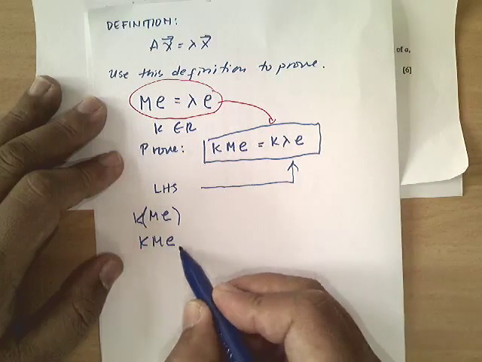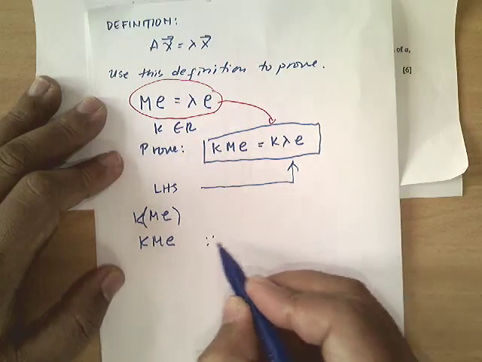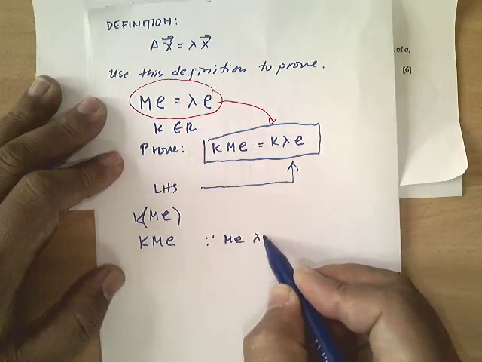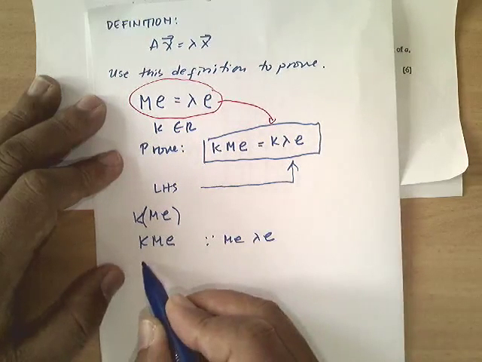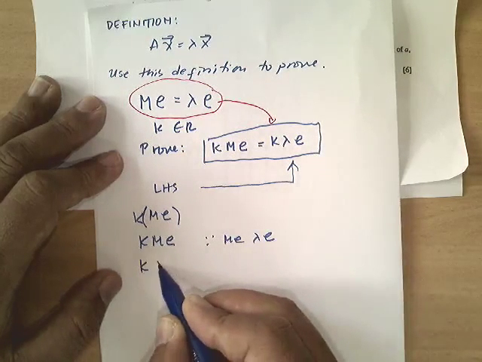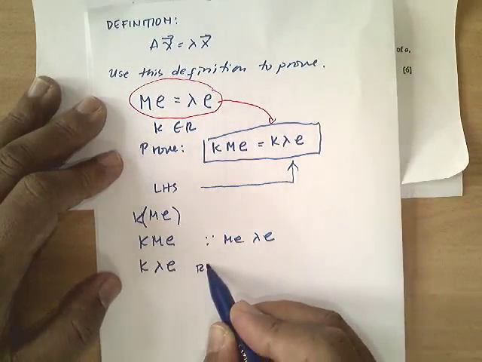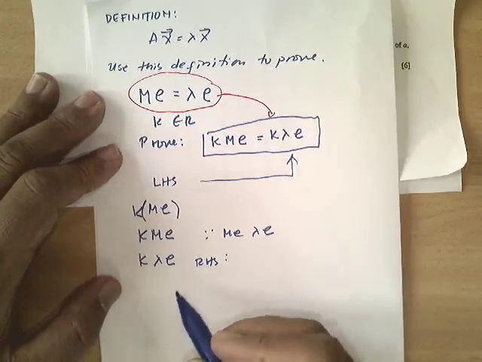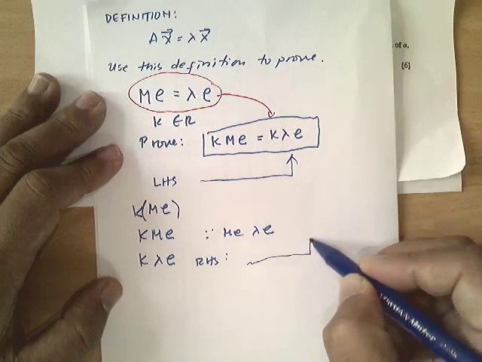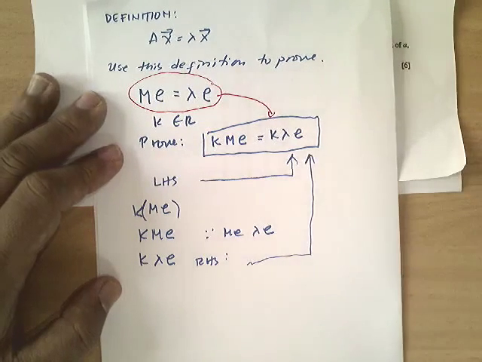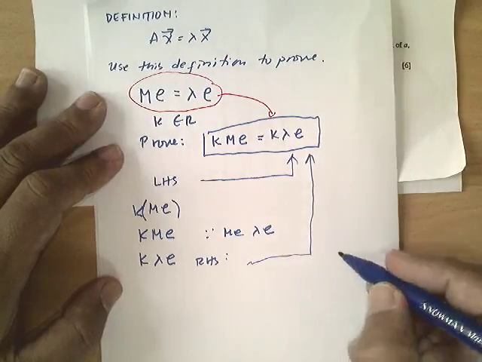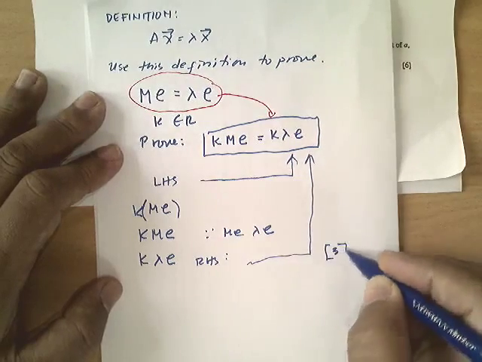However, since ME is equal to lambda E, this is going to be K of lambda of E, which is actually the right hand side. So we have already shown that KME is equal to K lambda E, and that is the 3 marks.